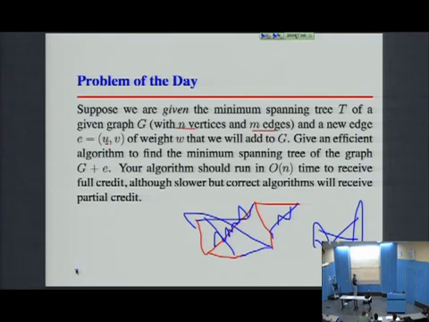Does everybody see that? That's what you're suggesting. And that obviously is not right, because in fact the cheapest weight edge might very well have been this one. Yes? I was going to say, check a total of m minus n edges, the remaining ones. Check all the edges.